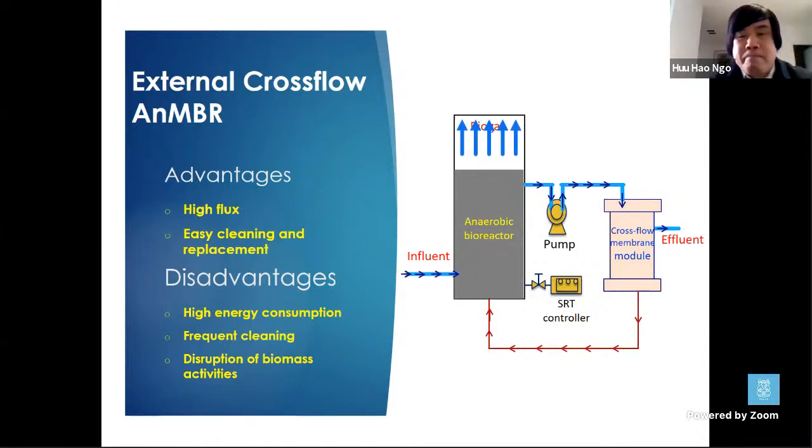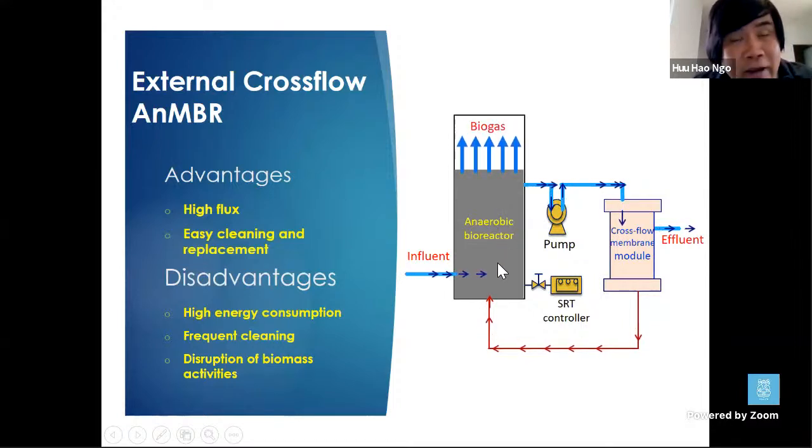But unfortunately, because the feed goes through the cross-flow membrane and is recirculated back to the anaerobic bioreactor, the energy consumption is high, and we also need to clean very often because of that. The last one is disruption of biomass activity. What do I mean by that? If you put the membrane inside, the microorganisms are retained in the bioreactor and keep doing their work.